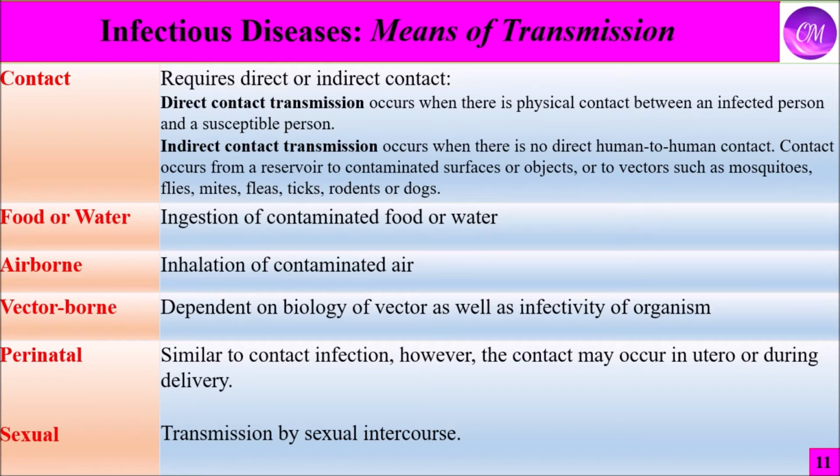Airborne way: inhalation of contaminated air. Then vector-borne, dependent on the biology of the vector as well as the infectivity of the organism. Perinatal transmission, similar to contact infection; however, the contact may occur in utero or during delivery. And sexual transmission by sexual intercourse.